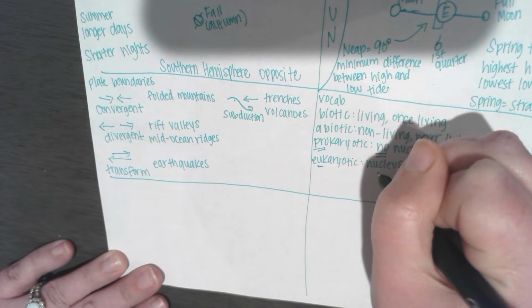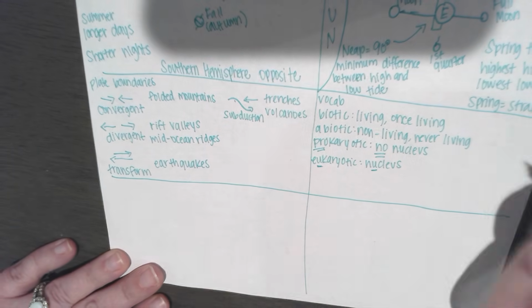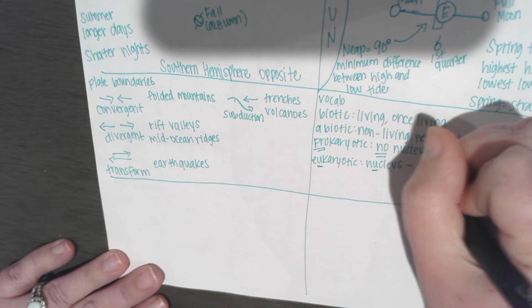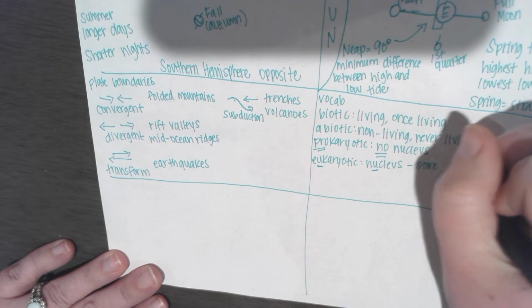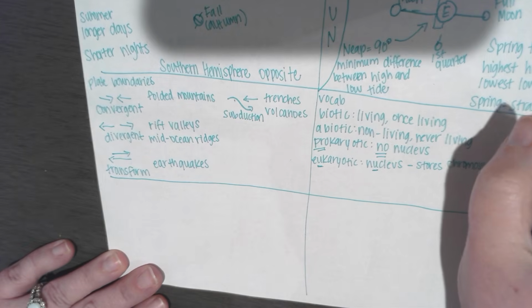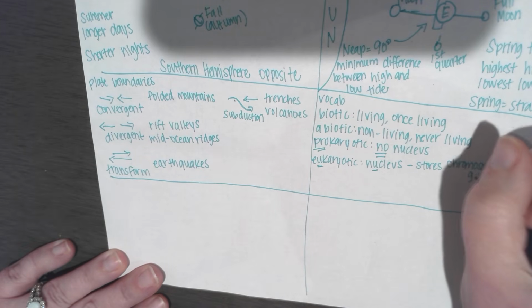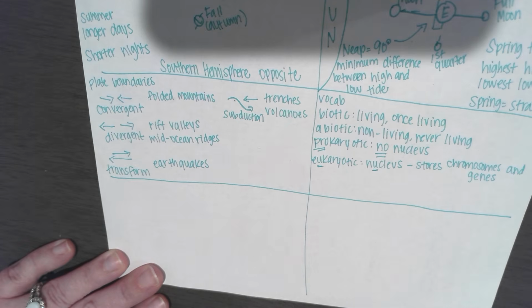And you have a nucleus. The nucleus stores chromosomes and genes. That's where the genetic material for the cell is.